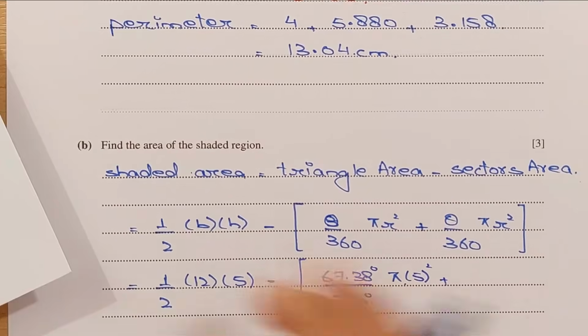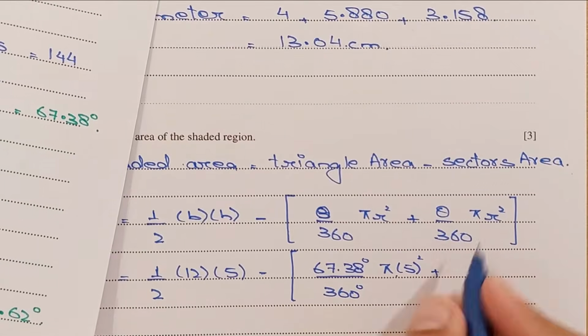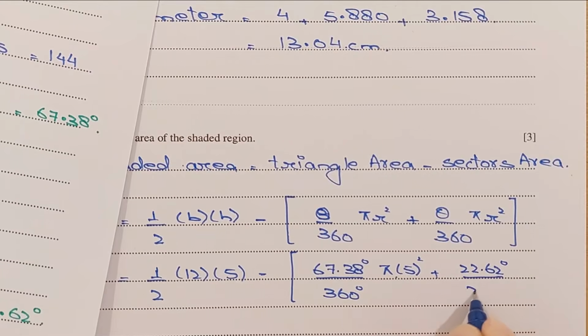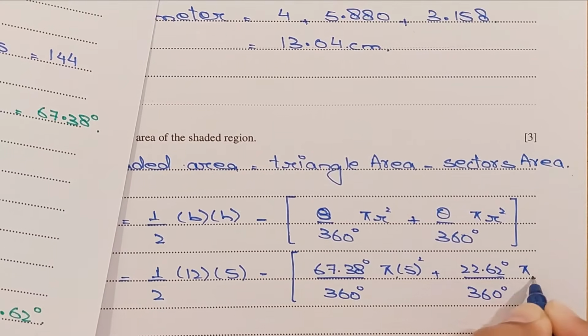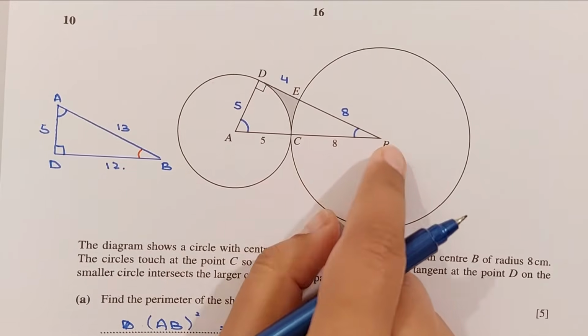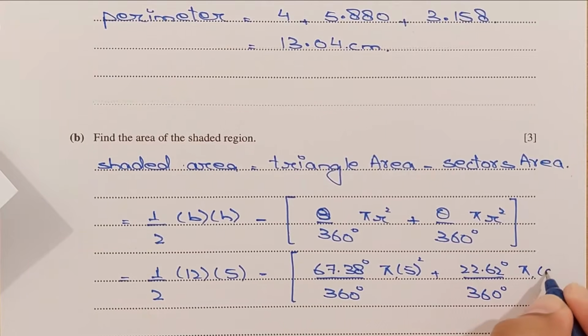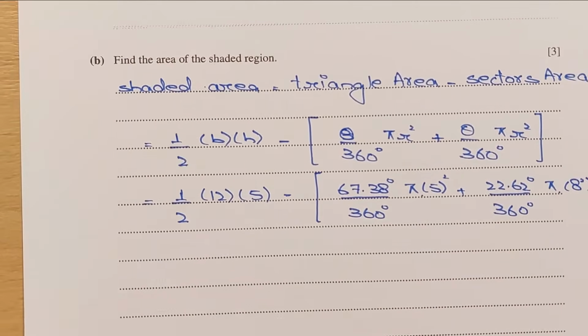Plus theta of angle B, we have angle B over here, 22.62 degrees divided by 360 degrees, pi times radius of the larger sector BEC is 8, 8 squared. Right. Now let me simplify this.